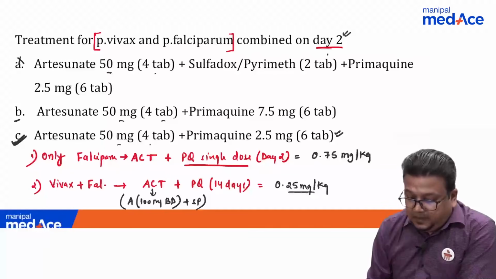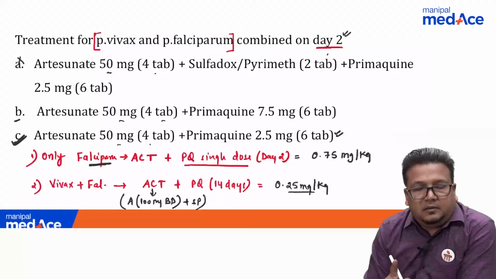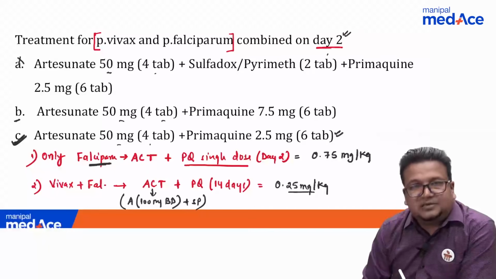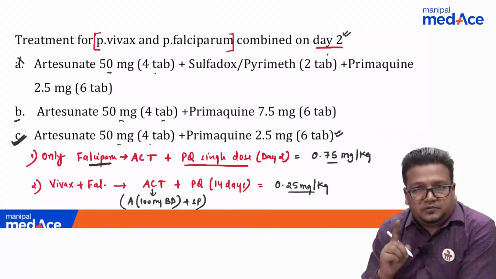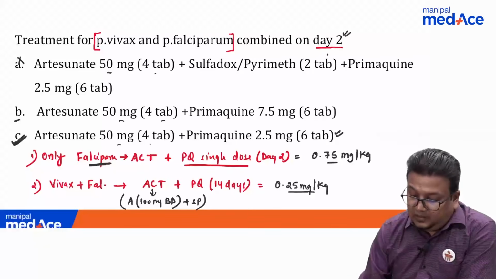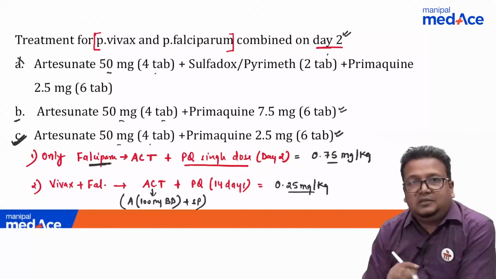Had it been only falciparum, that is the trick here. Had it been only falciparum, then please remember, day 2 0.75 milligram, because we are giving only one dose as gametocidal, then this would have been the answer.